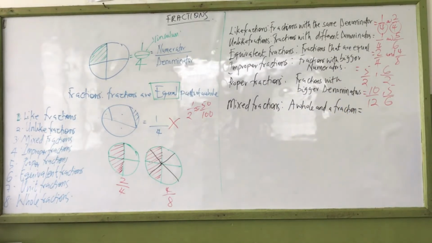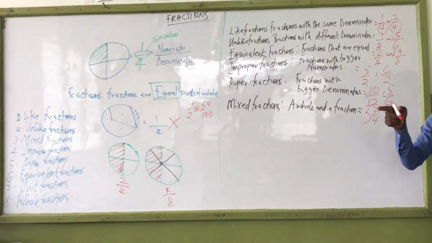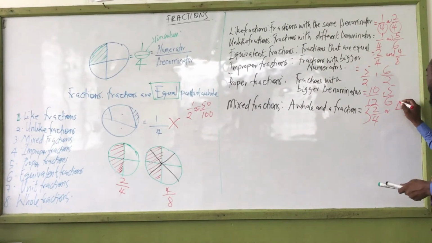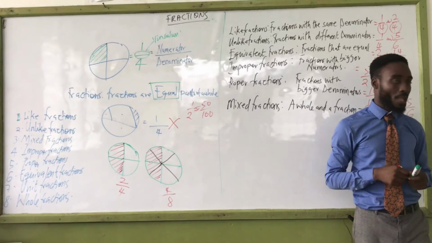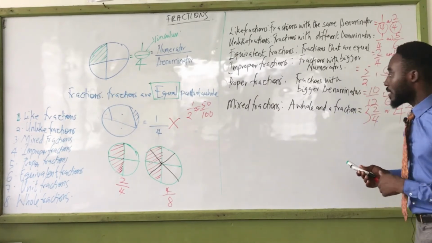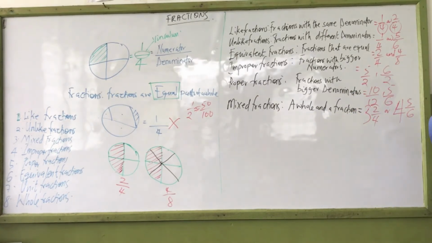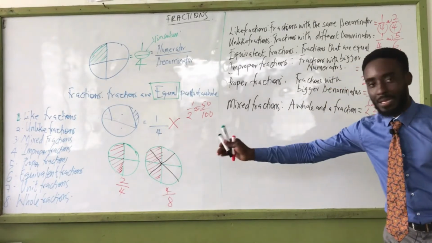Example: 3 whole number, 2 out of 4. And any other one? 4 whole number, 5 out of 6. Is that okay? Yes. All right.